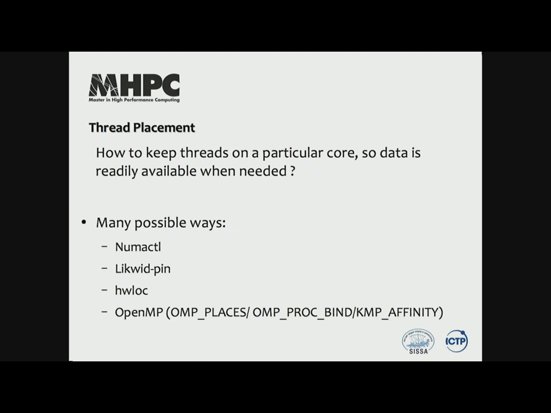These are tools that can be prefixed to your program, and we will play a little bit with likwid-pin in a moment. Then of course you can also control all this by means of environment variables that an OpenMP program is able to read: OMP_PLACES, OMP_PROC_BIND, and KMP_AFFINITY, which is quite related to the Intel environment.